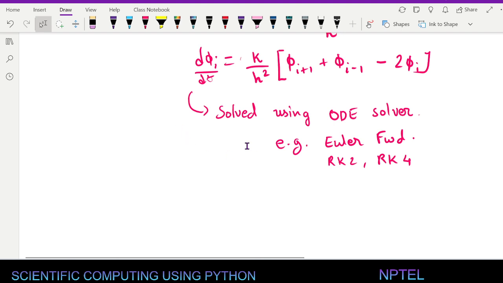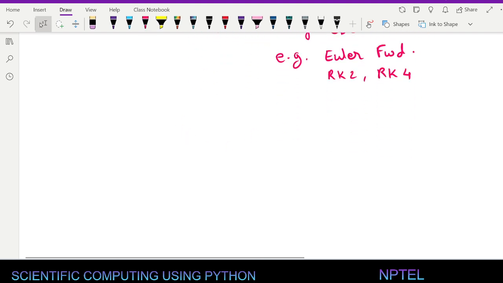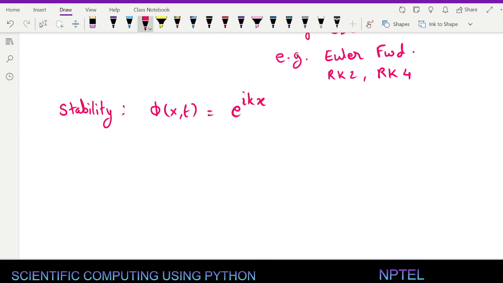Then you can do stability analysis for each mode. So you write that your solution φ(x, t) is one of the Fourier modes, e to the power ikx times some function which is just of t.